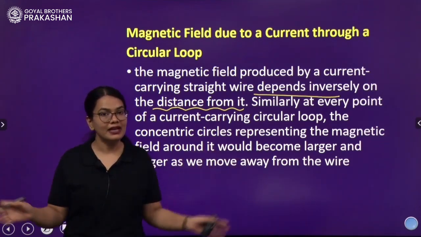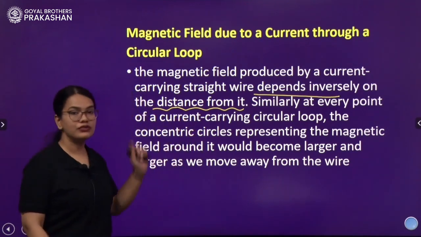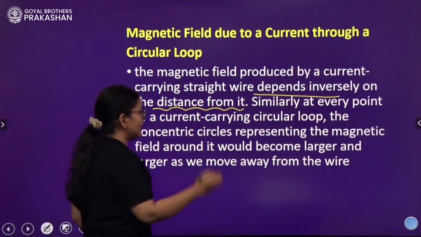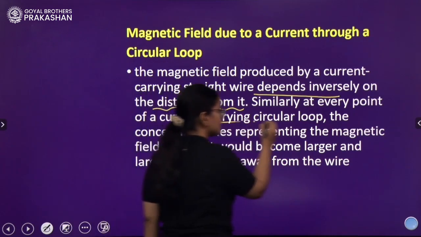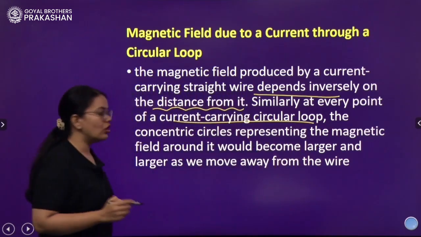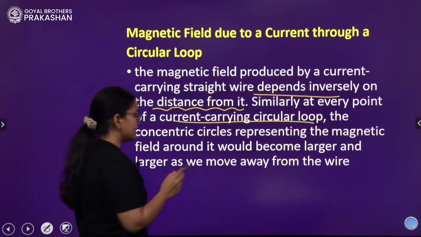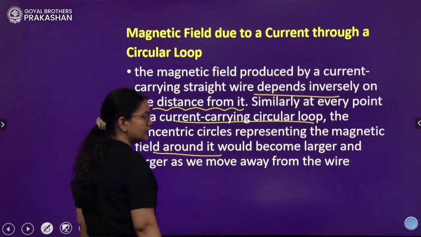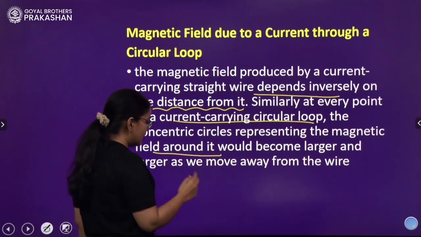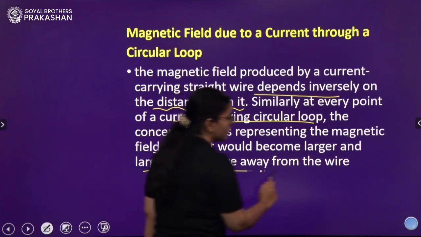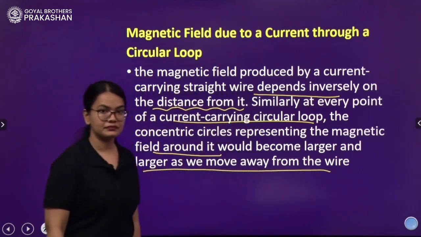So, there is an inverse relation. Similarly, at every point in a current carrying circular loop, the concentric circles representing the magnetic field around it would become larger and larger as we move away from the wire.